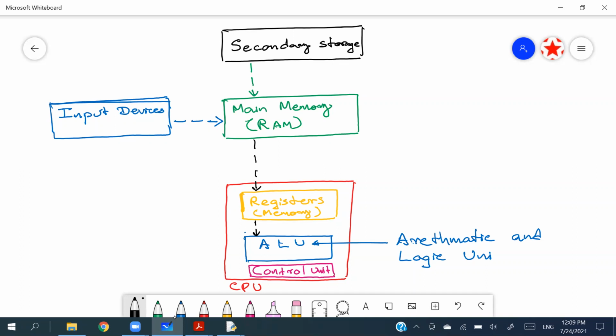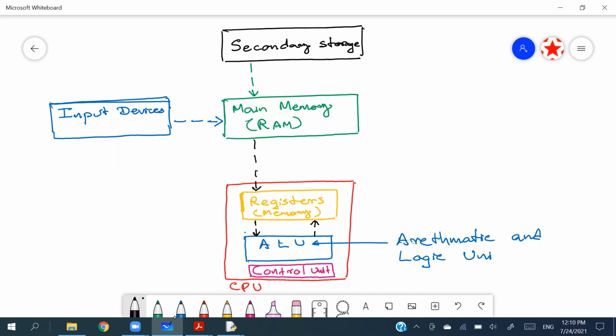Once the register memory receives the instruction, it quickly sends it to the ALU, and the ALU will execute it, and then give the result to the register memory again.